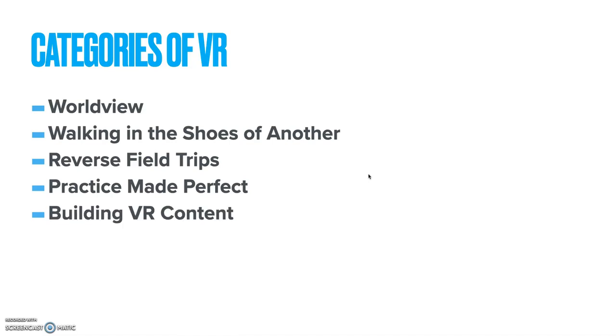And then, the first 4 examples are all consuming VR, but I think it's important to always think of ways that students can actually build VR content, because that's really powerful. Getting them to be creative, whether it be computer science or art or different modalities like that.